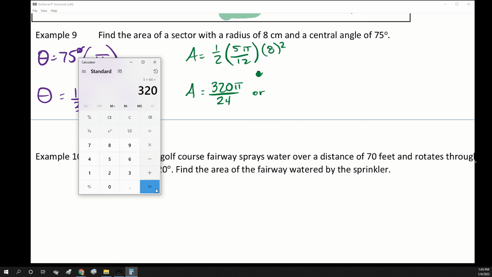I don't know if they'll reduce by anything bigger. No. So we would just do 320 divided by 8. We can do that in our head, it's 40. So 40 pi over 24 divided by 8 is 3. And then since this is area, centimeters squared.